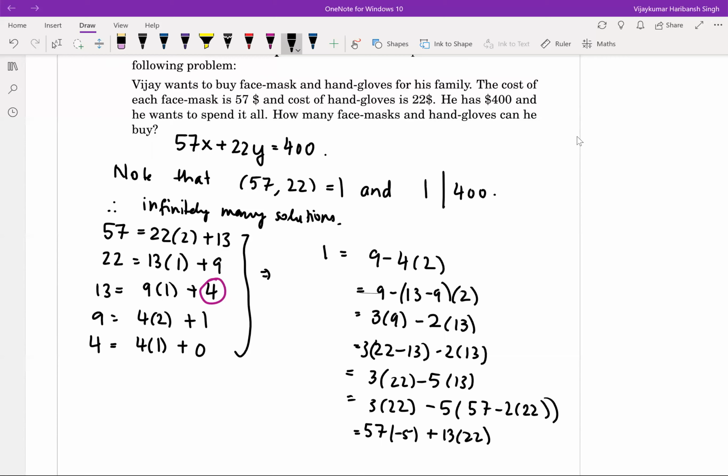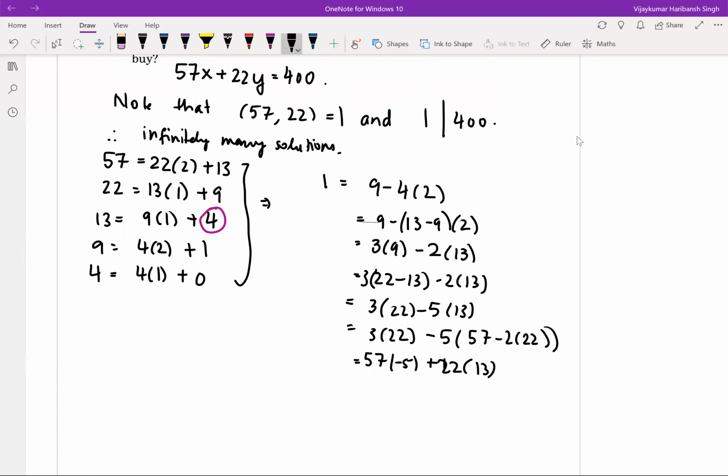So 22 times 13. Therefore, 1 equals 57 times minus 5 plus 22 times 13.